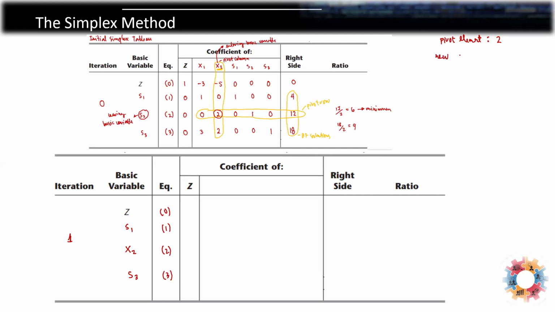New pivot row is equal to the current pivot row divided by the pivot element, right? Divided by the pivot element. Okay. And that corresponds to the second equation.